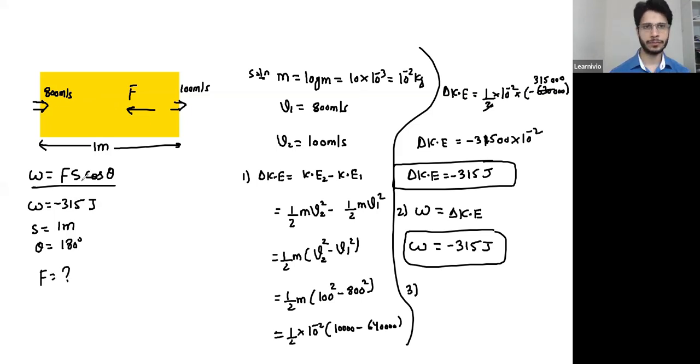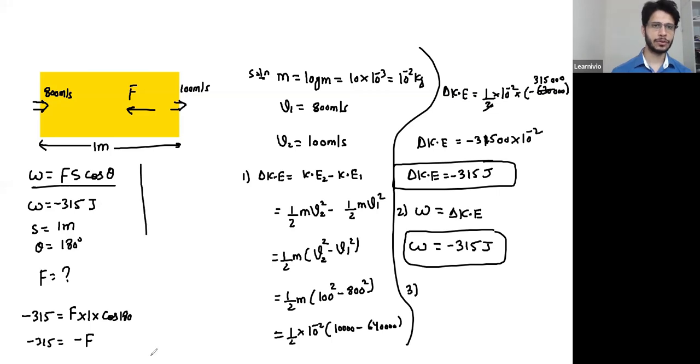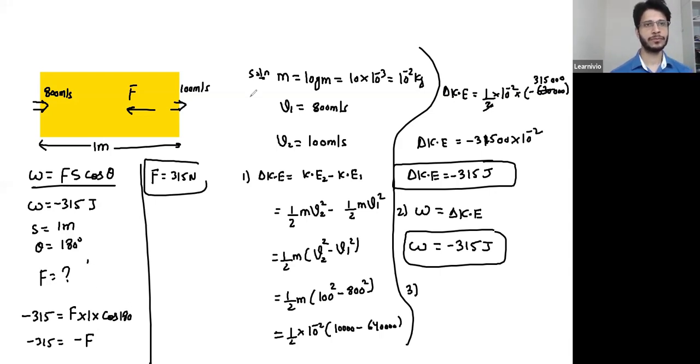Get the value of F. So minus 315, force is unknown, displacement is 1, and cos 180 is minus 1, so minus F. So F comes out to be 315. Cos 180 is minus 1. That's why this is 315.